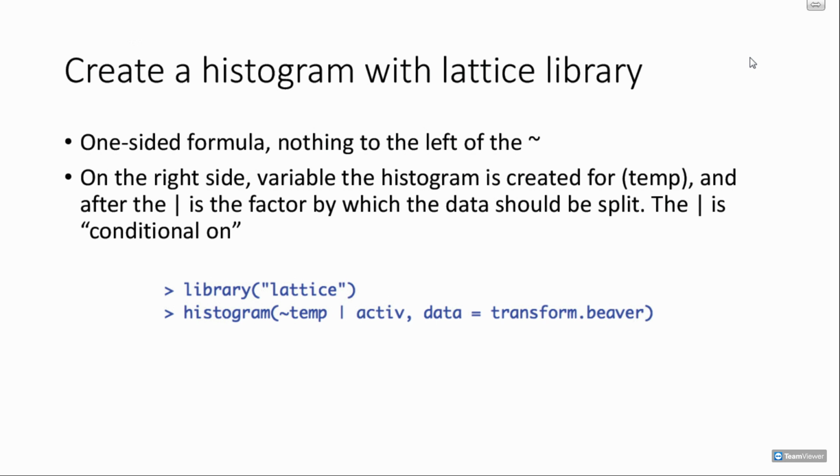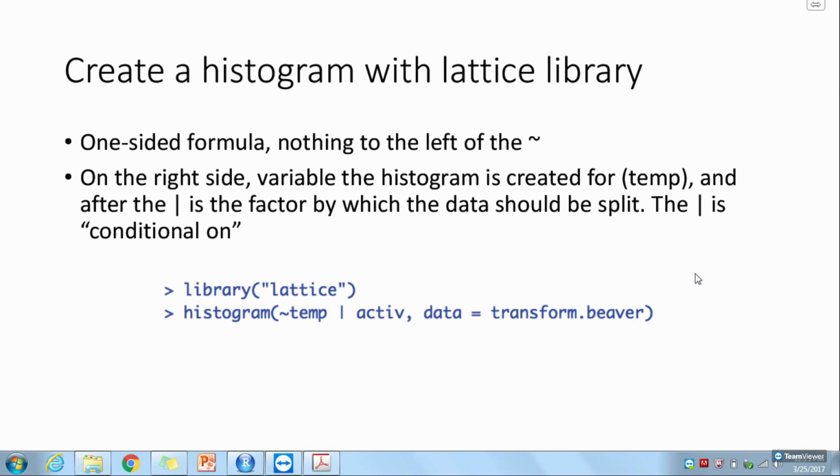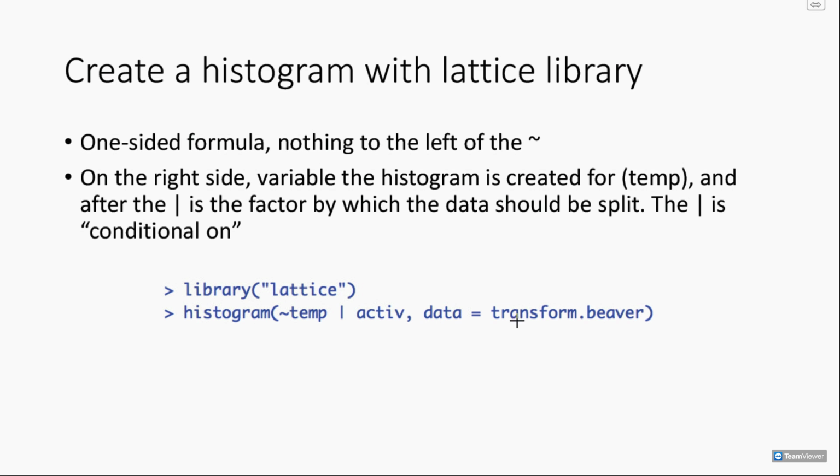So let me see if I can get a pen. Okay, so it's y tilde x. Usually it's in that form. Whatever you want on the y-axis should be the column name of the y, and whatever you want on the x-axis will be on the right side of this tilde.